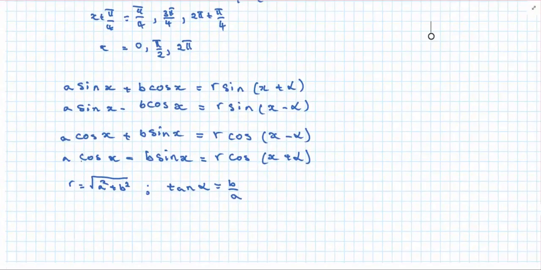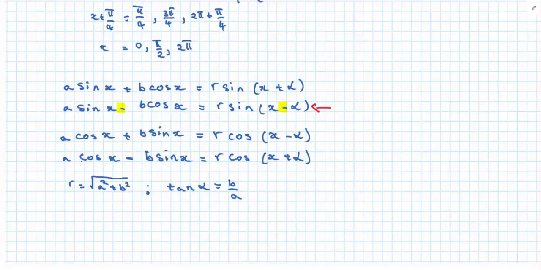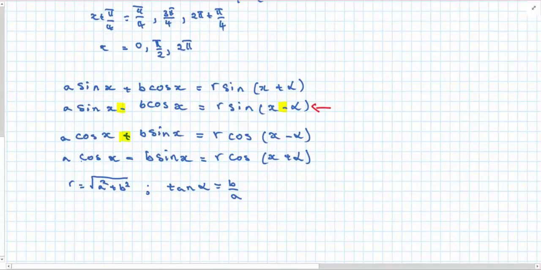So when I expand sine x minus alpha, I'll have a minus in between, so that will match. We know that when we expand our cos a plus b, we end up with a minus. So for the plus, we end up with a minus, and for the minus, we will end up with a plus. When we have cos, our relationship is cos. When we have sine, our relationship is sine.